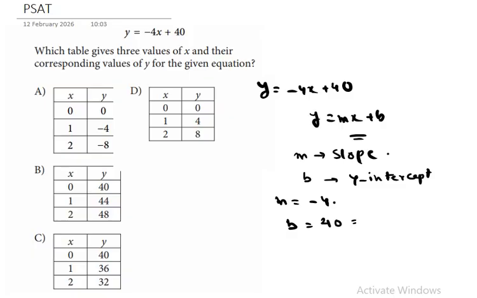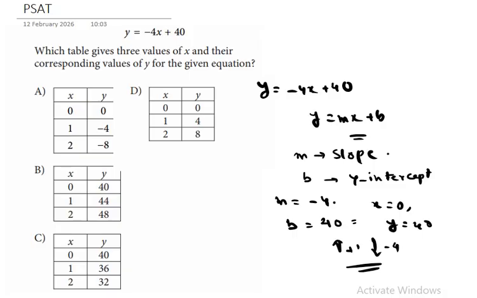Okay, that means when x is equal to 0, y should be 40, and every time x increases by 1, y decreases by 4, right? Very important idea, because the slope is negative 4 and the y values must go down by 4 each time x increases by 1. Keep that in mind.